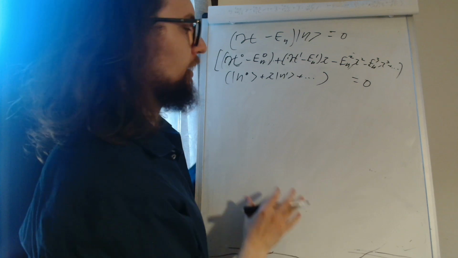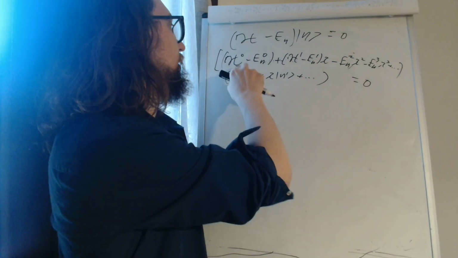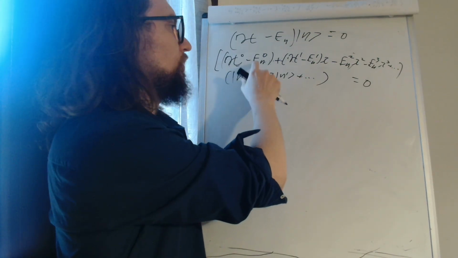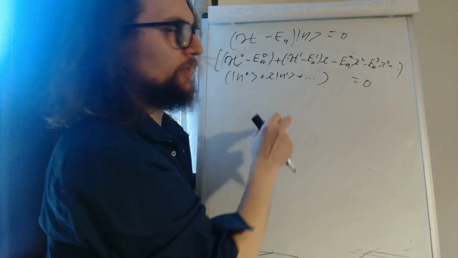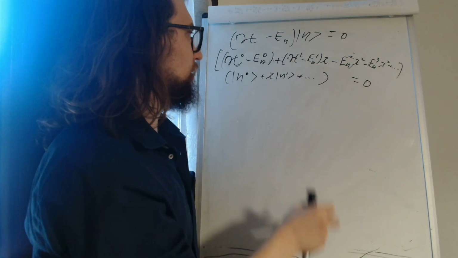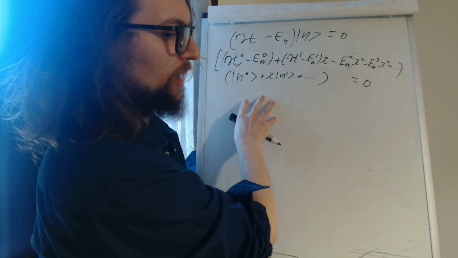So now we must have the order 0 terms equal to 0, the order 1 terms equal to 0, and so on.